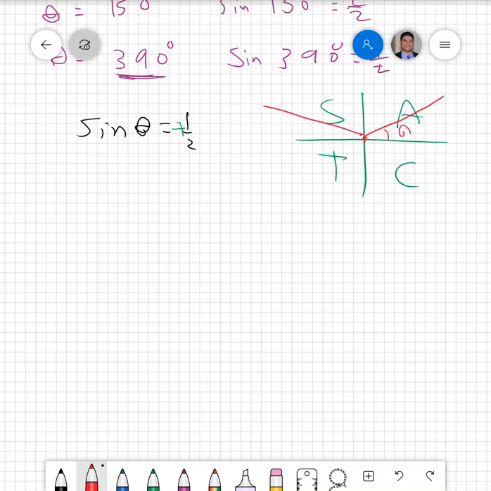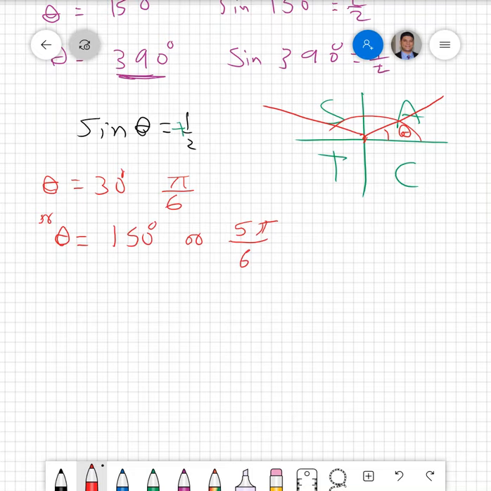So this is the angle theta, or maybe this is the angle. So here theta equal 30 degrees, or we can write it as pi over 6, or theta equal 150 degrees, or 5 pi over 6.